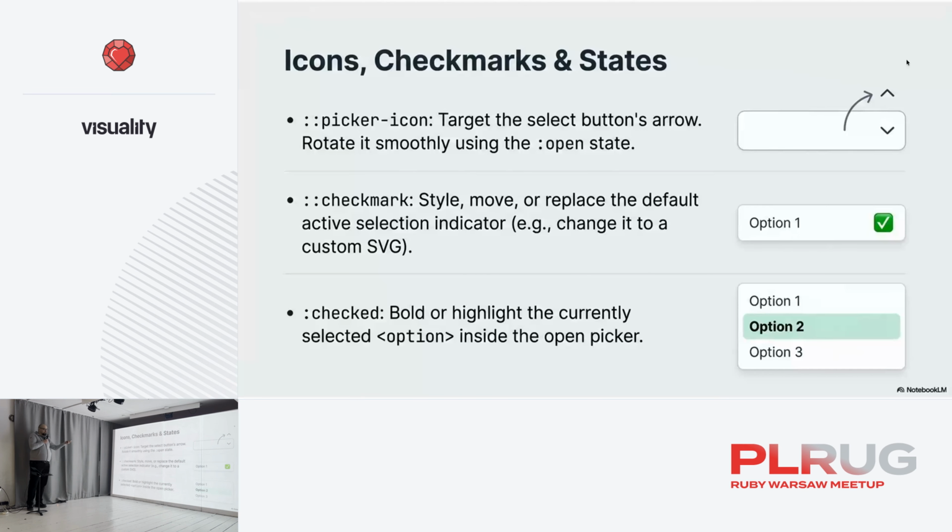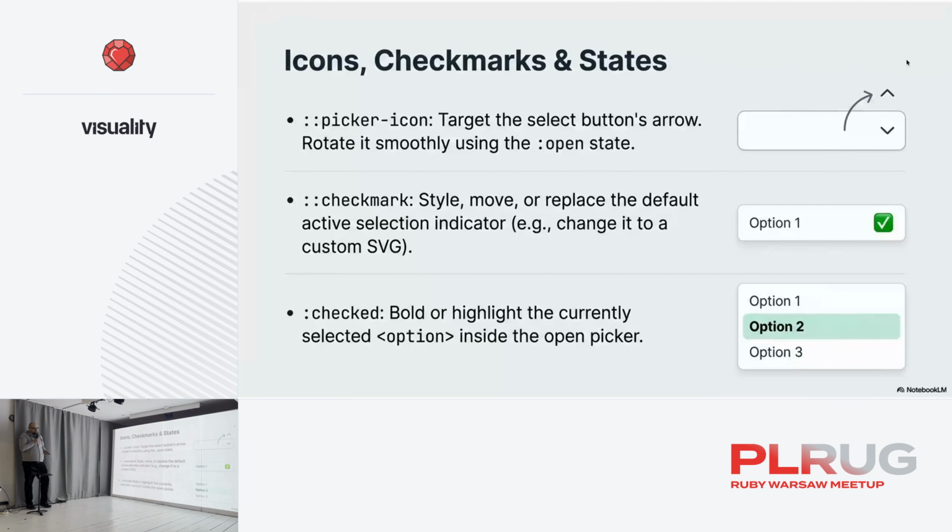There are also other pseudo-selectors like ::picker-icon, thanks to which we can style an arrow, or a checkmark, and where we can style the currently selected element differently, or checked. This is like a background or font for the checked element, because the checkmark is only for an icon, for a selection, so that we can add additional information about the selected element.